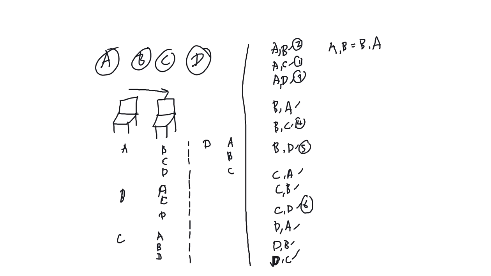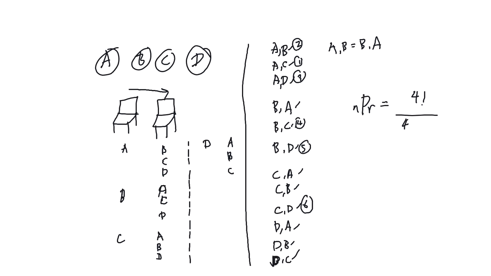So when we care about the sequence, just now we had the nPr, which is 4 over 4 minus 2 factorial.